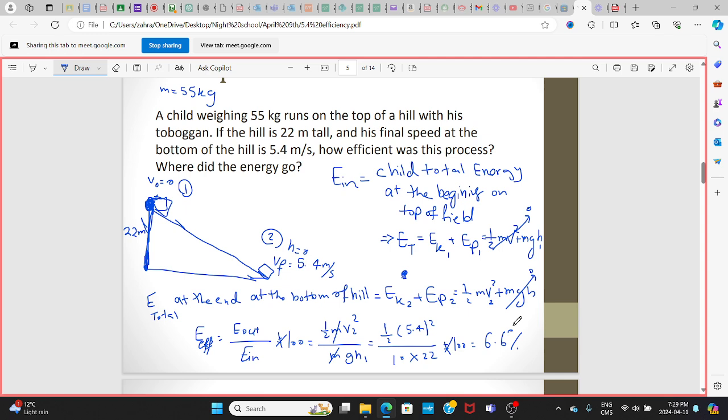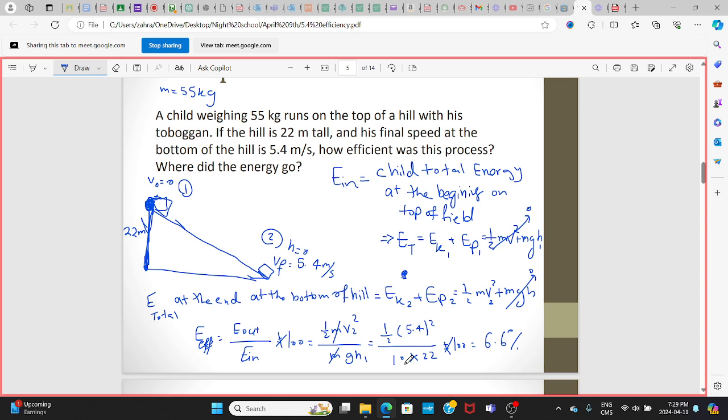What is happening from the top of the hill to downhill? Can anyone tell me why the output energy is much smaller than the input? What happened in here? Can anyone turn on the mic and tell me? Anyone? There's some energy lost somehow.